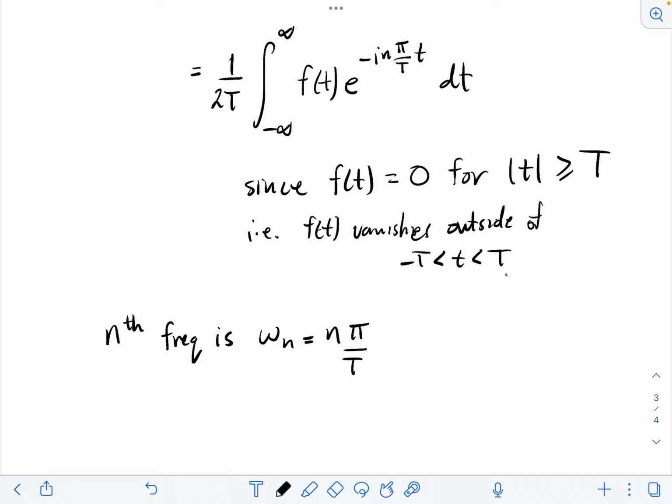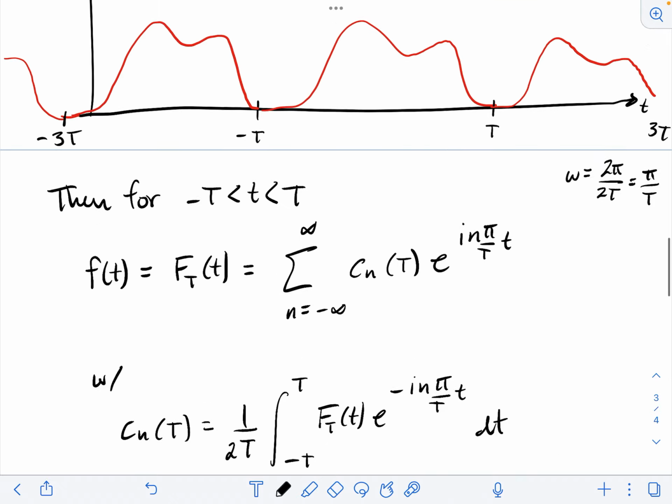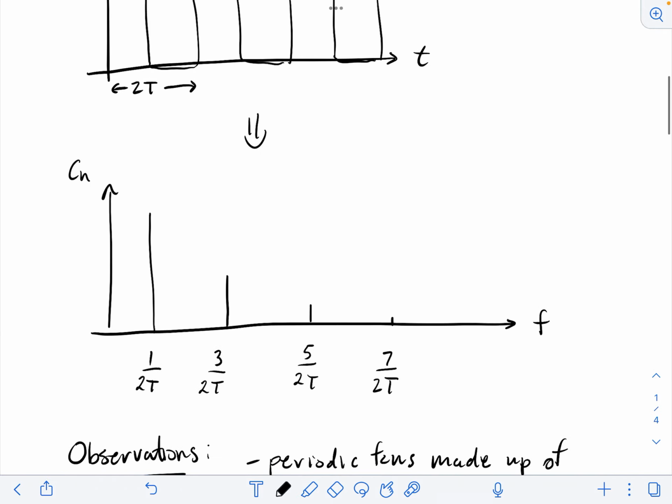Okay, and so we could also talk about the spacing between the frequency components, right? So remember way back in this picture, we could talk about the spacing between the discrete frequencies. And so in this case, we would just take the difference, 3 over 2T minus 1 over 2T.